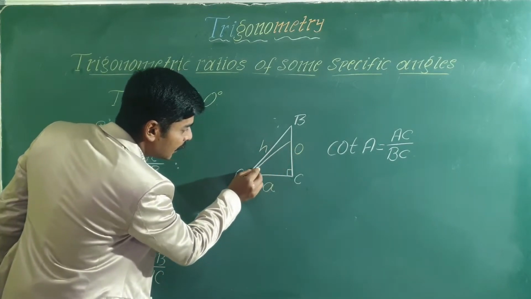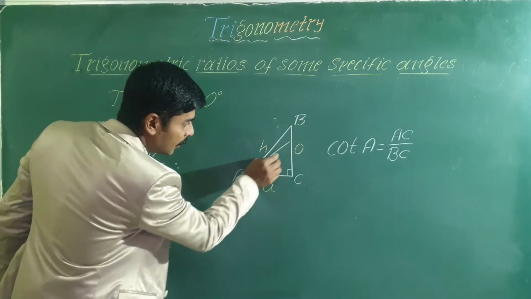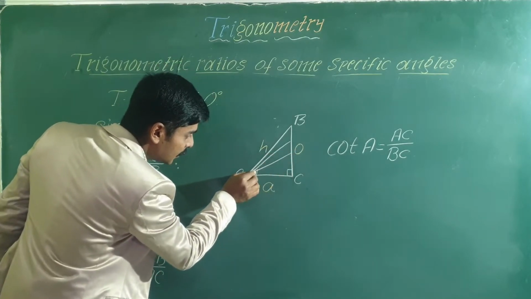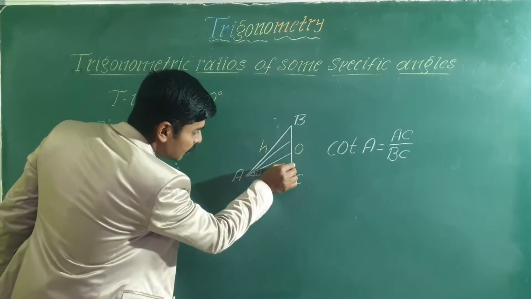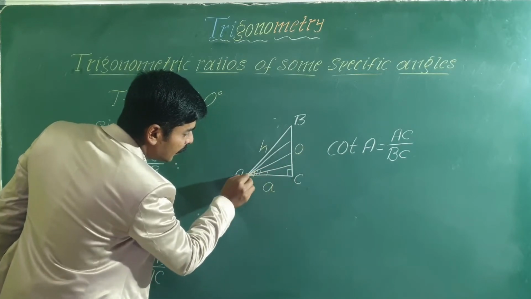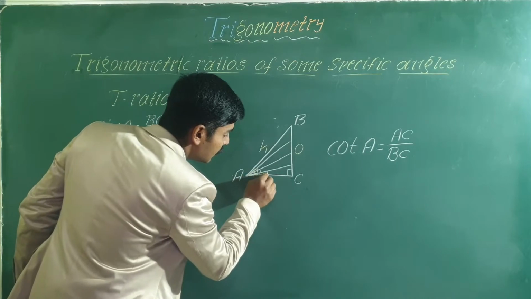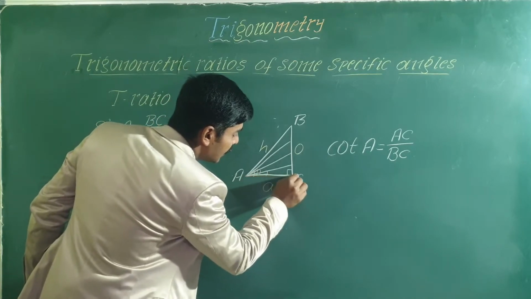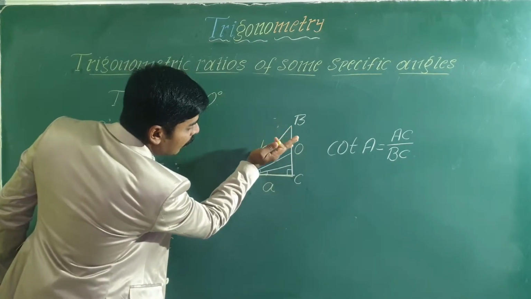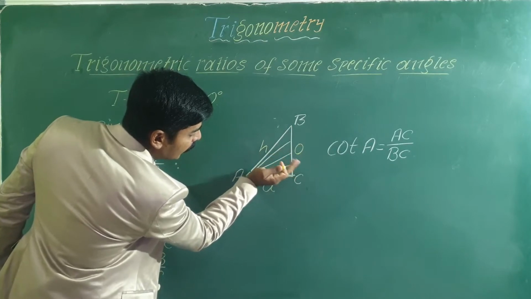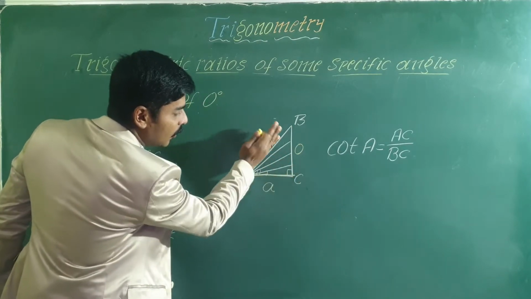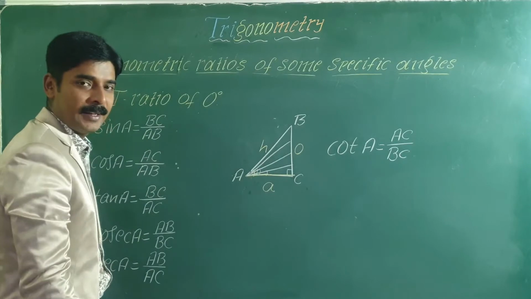See, now it has reduced compared to this. Make it still smaller. So finally what happens? The angle A will become 0 and this line AB will almost become equal to AC. It will coincide with AC.